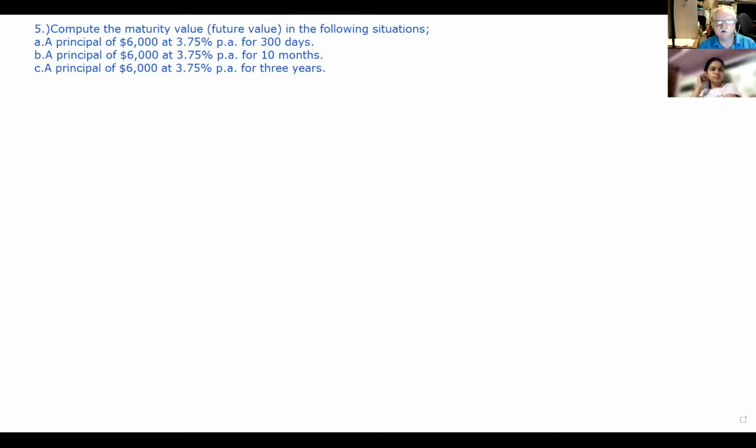So let's go through what they've done to the equation. We started out with this concept. Interest amount equals principal, rate, and time. But this is just giving us the interest amount.